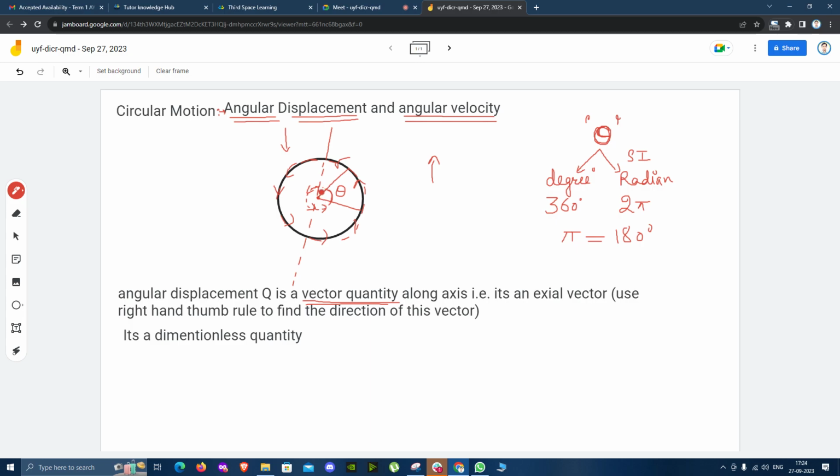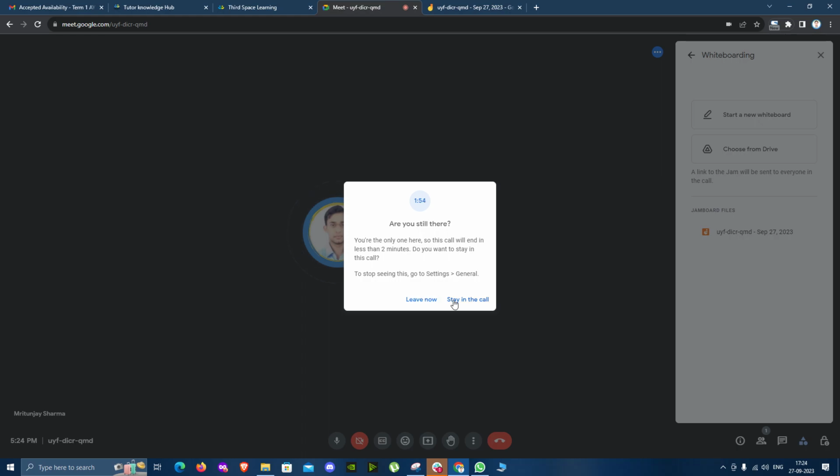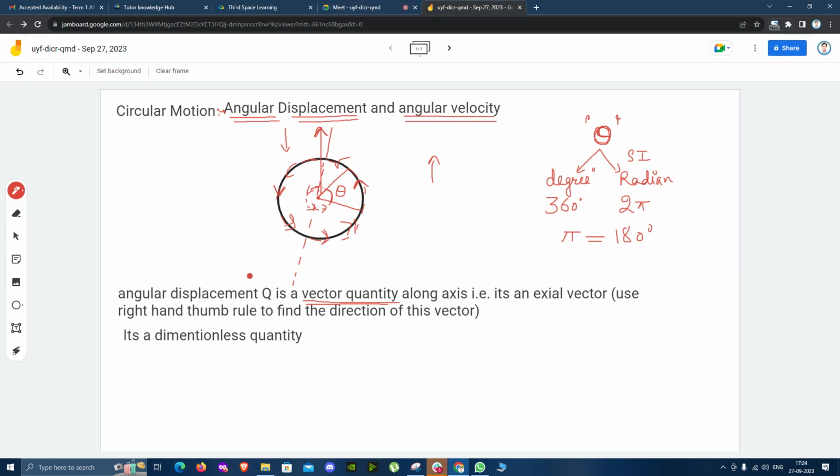So if your thumb's direction is up, the direction of the vector will be anti-clockwise. So if the angular displacement is anti-clockwise, then its direction will be in the positive z-axis. Now this is clear. What is an axial vector?